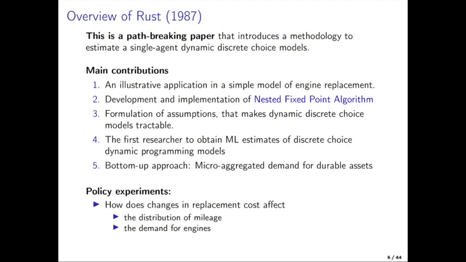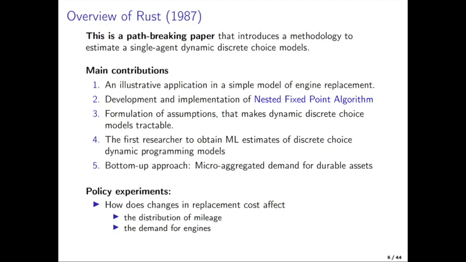One of the things you would assume is, for instance, that the errors are extreme value, so you get logit formulas for the choice probabilities. One of the things you would assume is conditional independence on the error terms in the model, conditional on the state variables. But you'll see that.